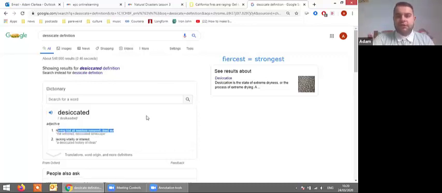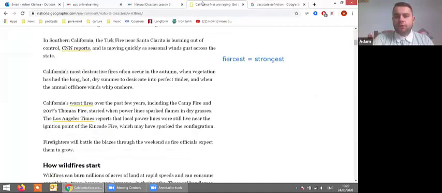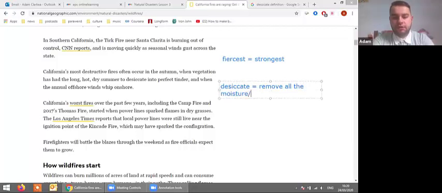All the moisture is removed. All the water is removed when you desiccate something. So this is what burns very easily. It can burn very easily because it's so dry.